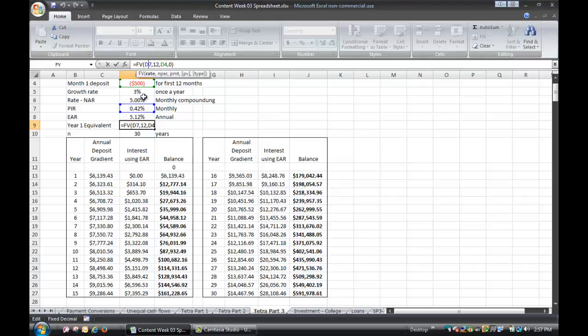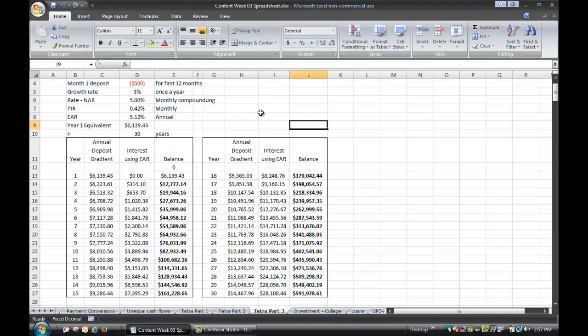We started off with 5% NAR, divide that by 12 is 0.42%. So that is what we use. That's in D7. So D7 is the rate, 12 months, payment $500. The future value of those 12 payments is $6,139.43. So that will be our first annual payment.